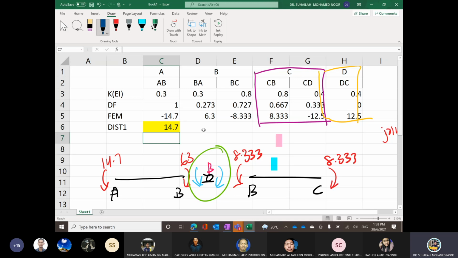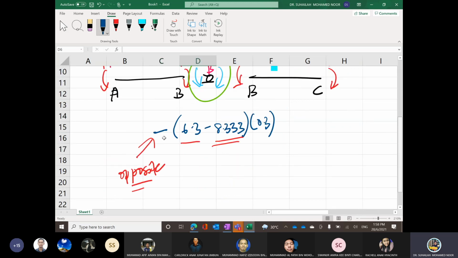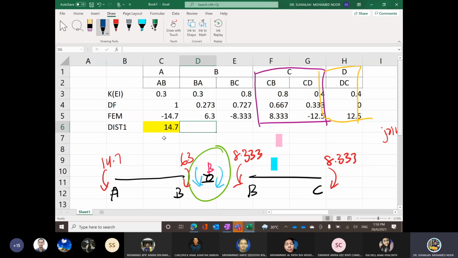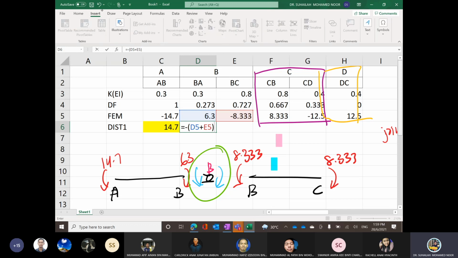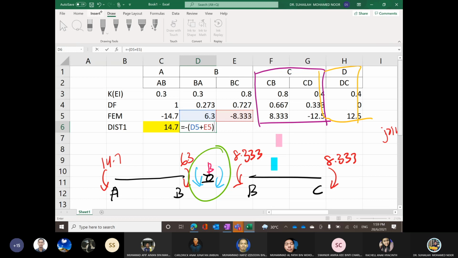Okay, so this one we put negative. We put negative to represent the condition of joint moment, which is opposite with member end moment. And we total these two values. Actually the correct one is negative 6.3. Can you see? Wait.